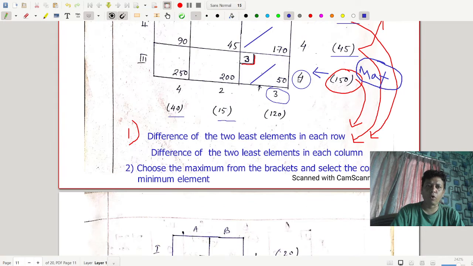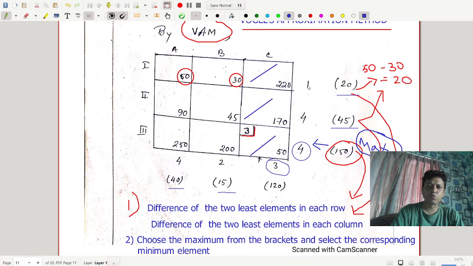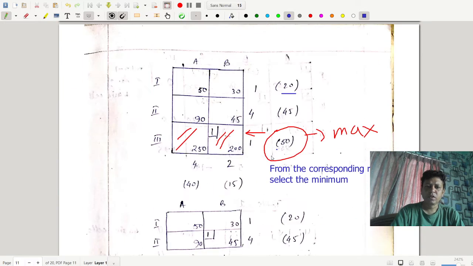Look at that, 4 minus 3 is 1, so 1, 4, 1, and 4, 2. The third column is not there because it has been exhausted. So you have only A and B, and the origins are 1, 2, 3.